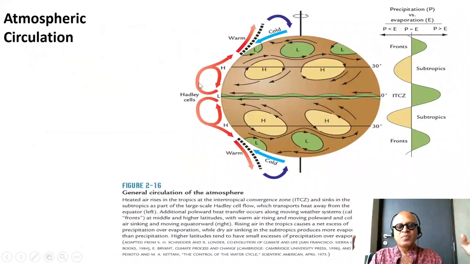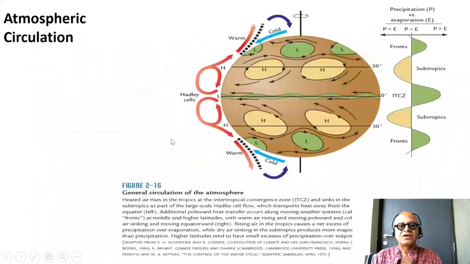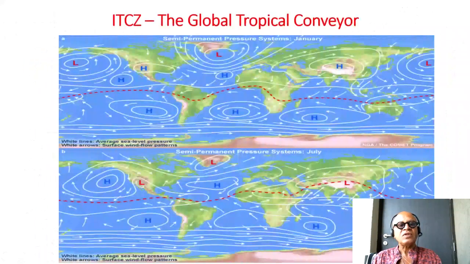Okay, so if you open it up, then you obviously see the complications associated with it, but you also see the mid-latitude storm tracks and rainfall amounts being larger there, corresponding to these cyclonic systems. The same thing in the mid-latitudes, I won't go into this.